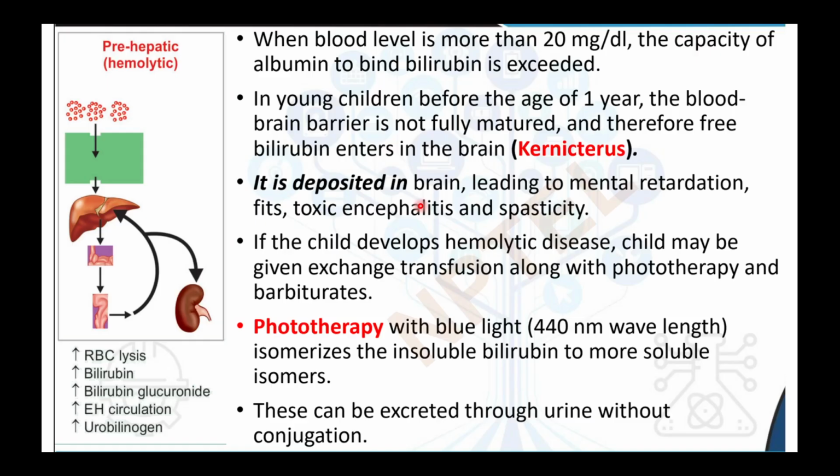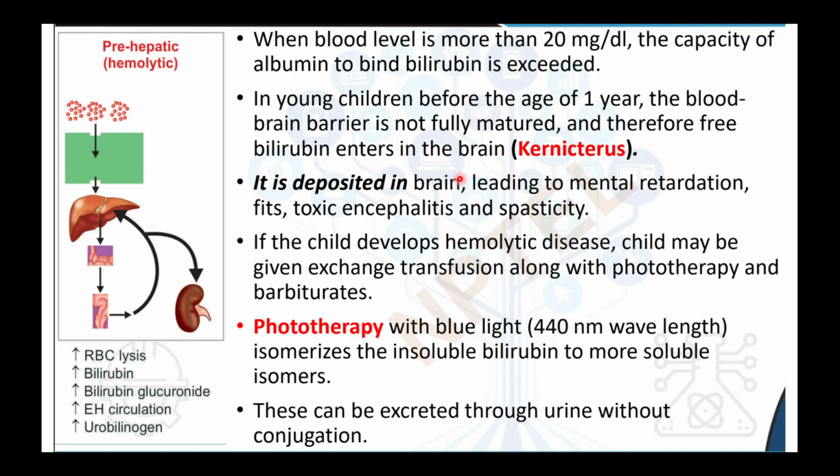In young children before the age of 1 year, the blood brain barrier is not fully matured. So if more and more bilirubin is accumulating, it can cross this blood brain barrier because it is not fully matured in those young kids, and that could lead to free bilirubin entering the brain, a condition called kernicterus.